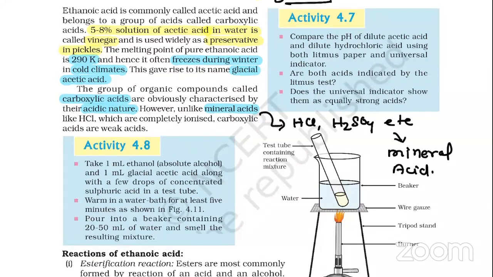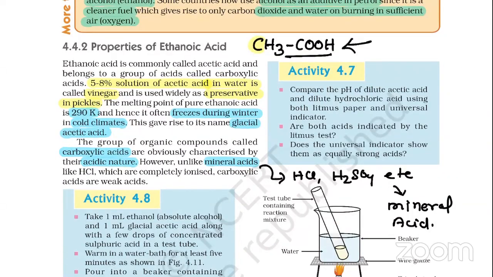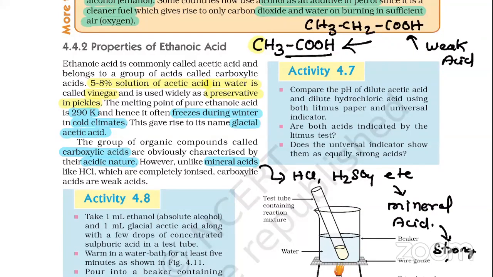And the acid that we are talking about right now, or other such acids, for example CH3CH2COOH, propanoic acid, are weak acids, while mineral acids are strong acids. If you perform this activity, you will see that the mineral acid will produce more change in the litmus paper as compared to a weak acid like ethanoic acid.